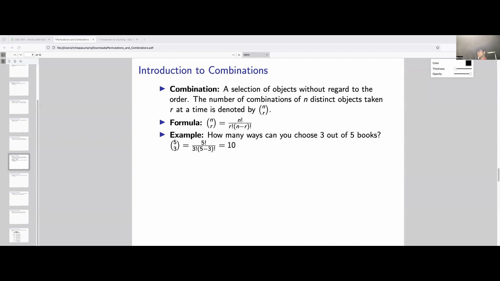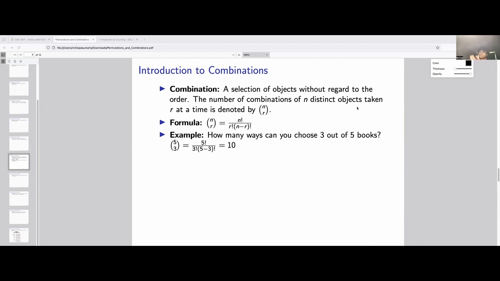All right, now we're going to talk about a related topic, but slightly different. These are called combinations. We have pretty much worked with combinations in the past, so this will be very, very similar. So let's say that I want to pick r things, like objects, from n distinct objects.